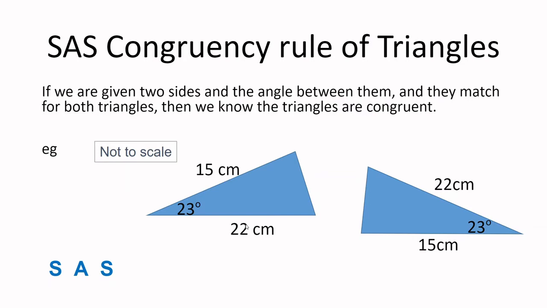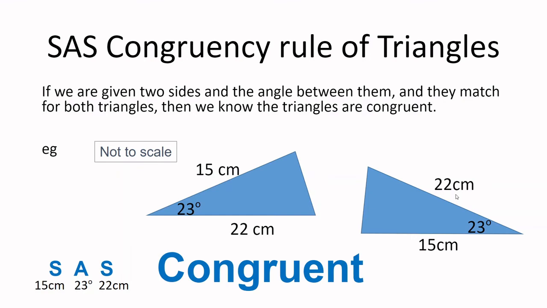And the side lengths that are given are 15 and 22, and the angle that's given is 23 degrees. So in both cases, you're given the SAS, the side, angle, and side of 15 centimeters, 23 degrees, and 22 centimeters. So by the SAS rule, they are congruent.